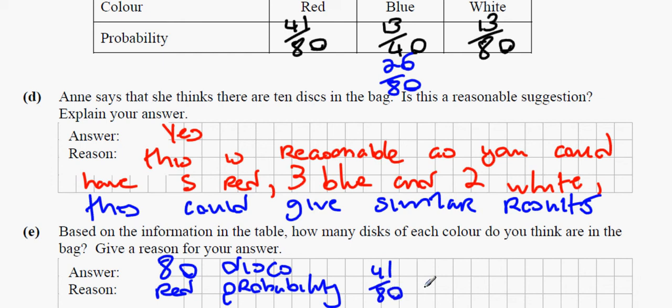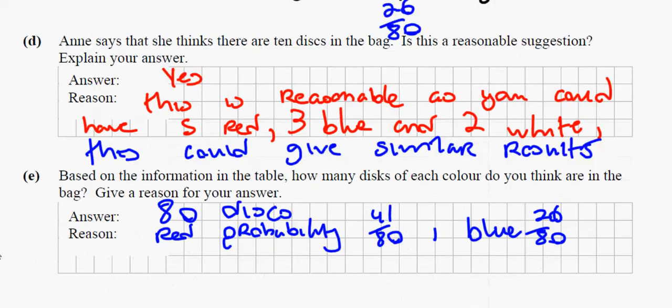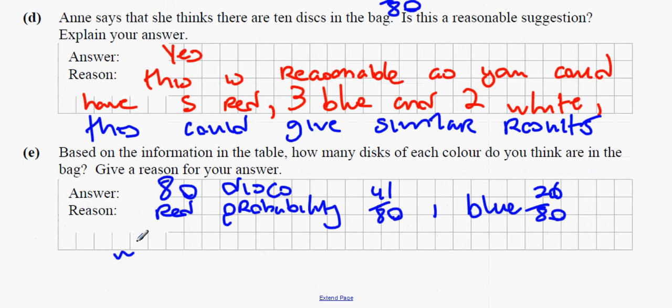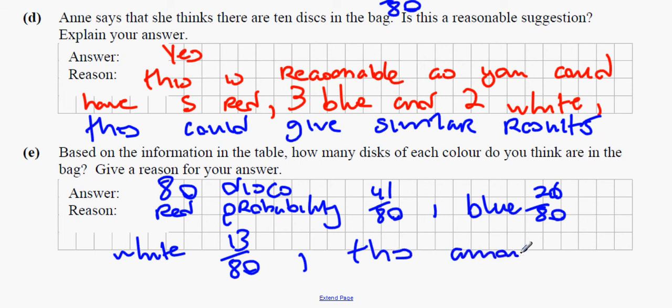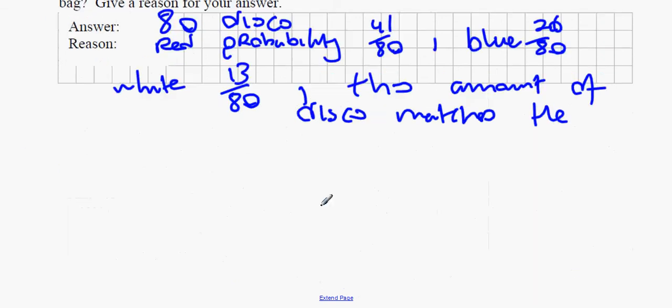Blue is 26 out of 80. And white is 13 out of 80. This amount of discs matches the probability. Just make any relevant argument you can, lads, okay? Just that fits the results.